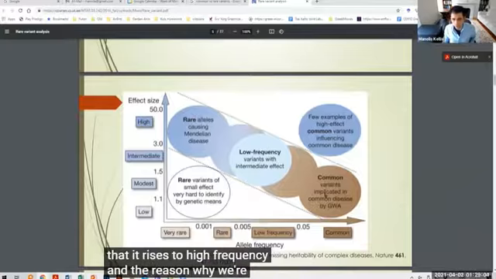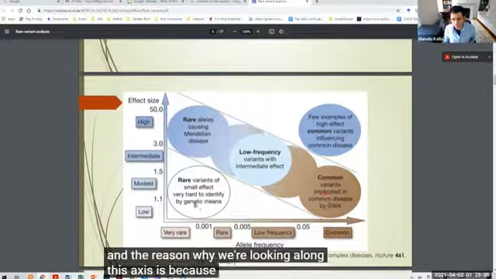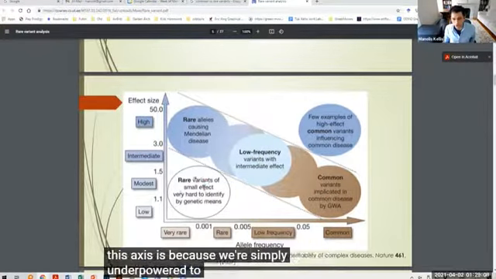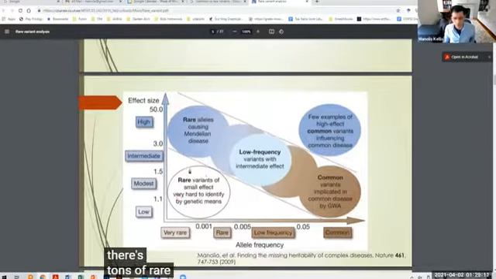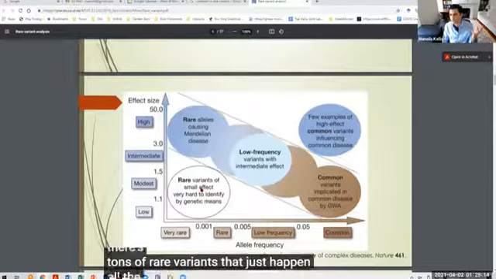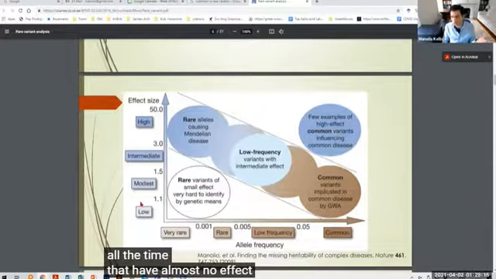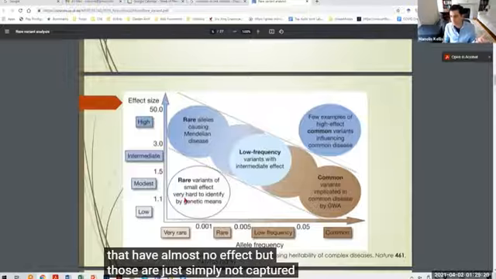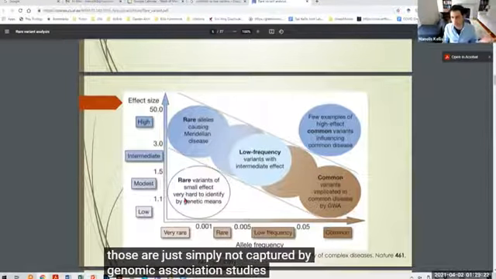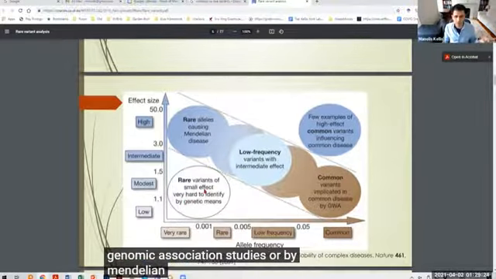And the reason why we're looking along this axis is because we're simply underpowered to catch these parts. Namely, there's tons of rare variants that just happen all the time that have almost no effect. But those are just simply not captured by genome-wide association studies or by Mendelian studies.